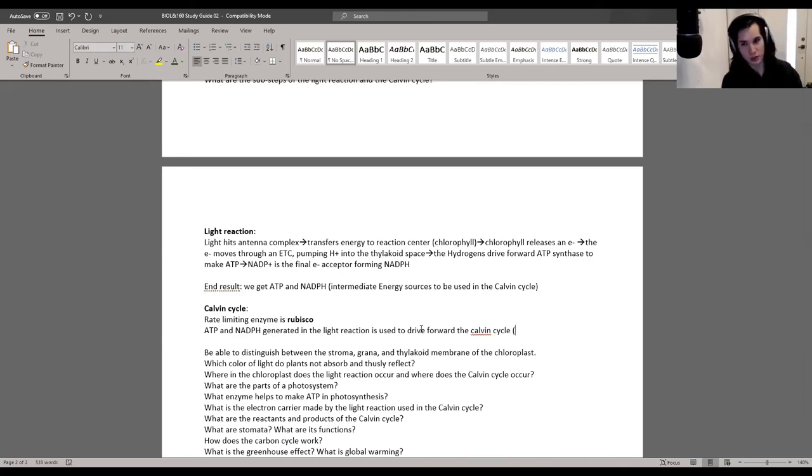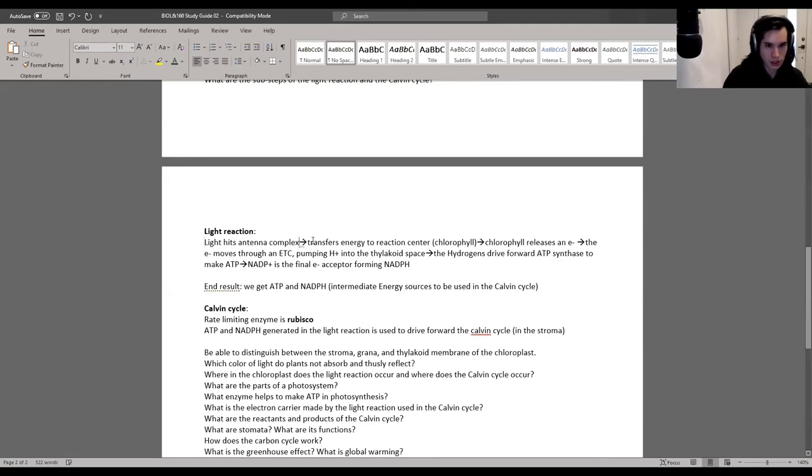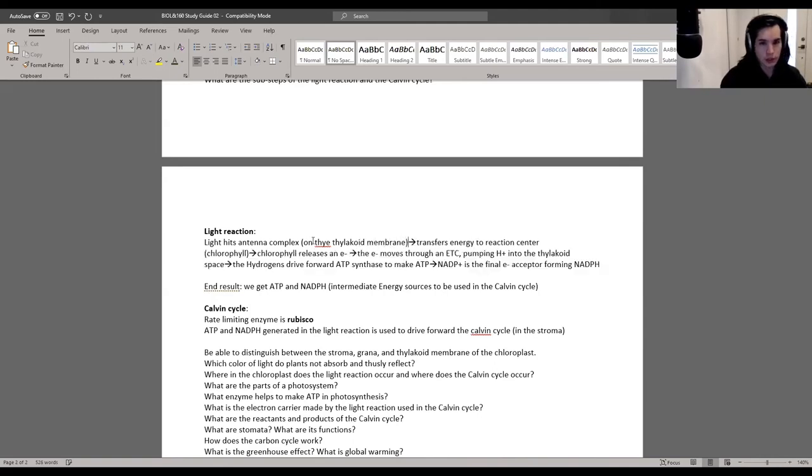And importantly, we should say in the stroma. That's going to be on the test. Where does the Calvin cycle happen? In the stroma. Where does the light reaction occur? In the thylakoid membrane. So we'll say light hits the antenna complex on the thylakoid membrane.